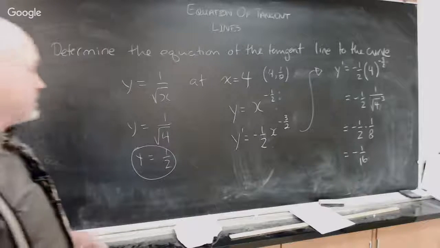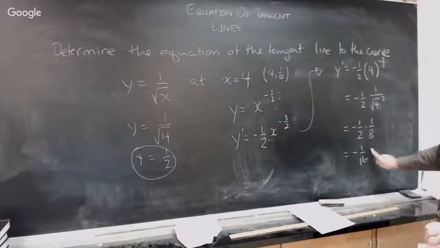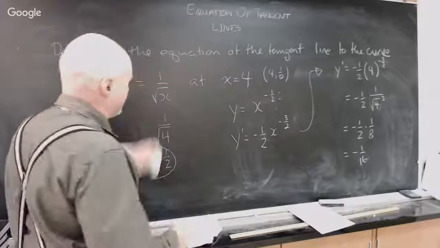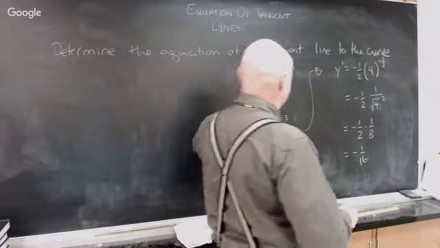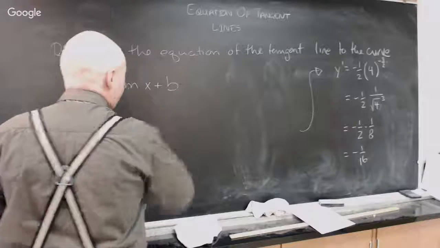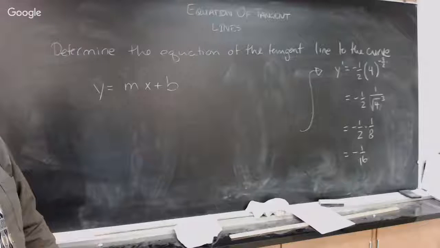Okay, so we have our point, we have an x and y coordinate, and we have a slope. And so we can move this into y equals mx plus b so that we get the equation of the tangent line. The only thing I don't know is b, but I do know y. What was y? Was it 1/2?